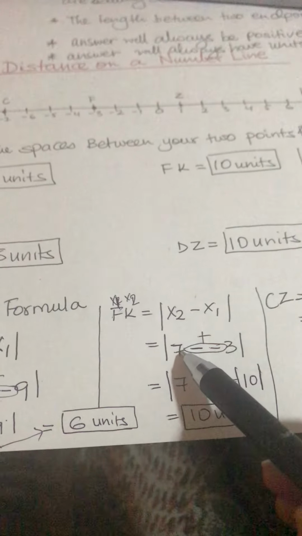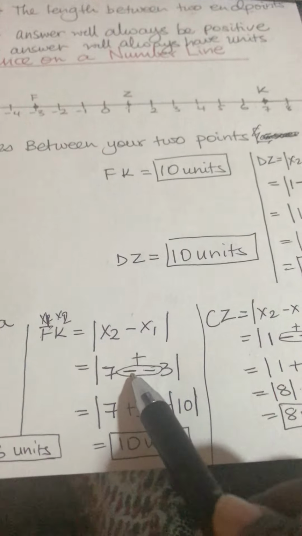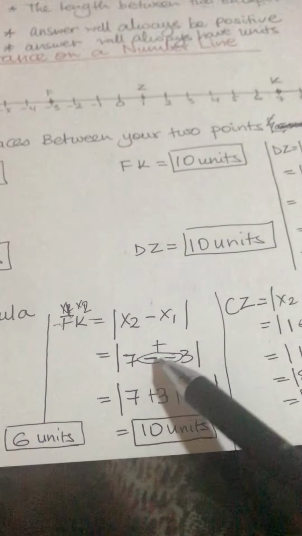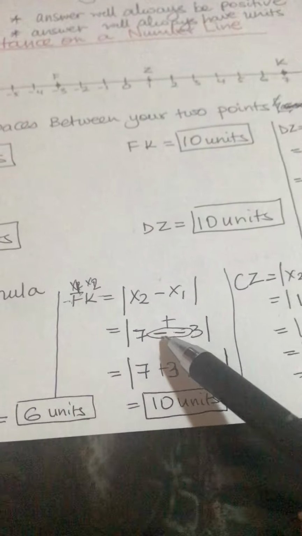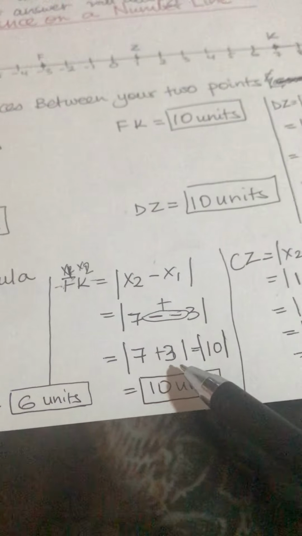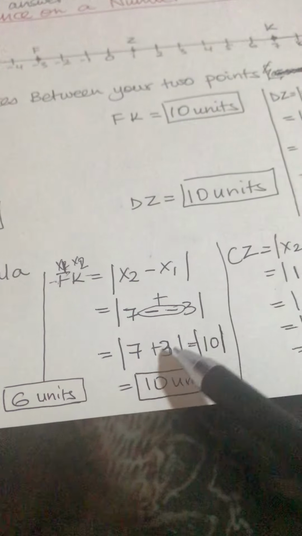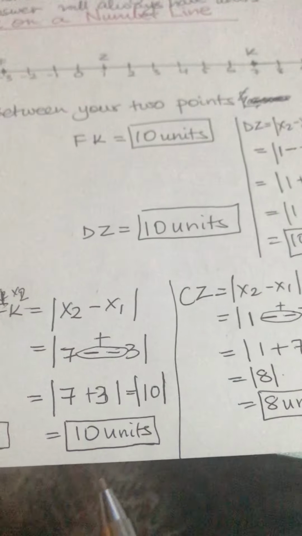So K is x2, 7, minus, because of the formula, and you're minusing x1, and x1 is -3, which is F. So F and K. When you are subtracting a negative, these two become positive. 7 plus 3 becomes 10. The absolute value of 7 plus 3 is the absolute value of 10, and then that's 10 units.